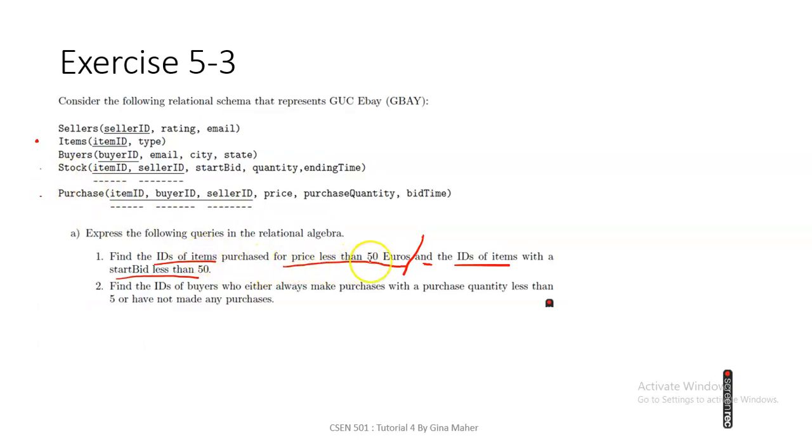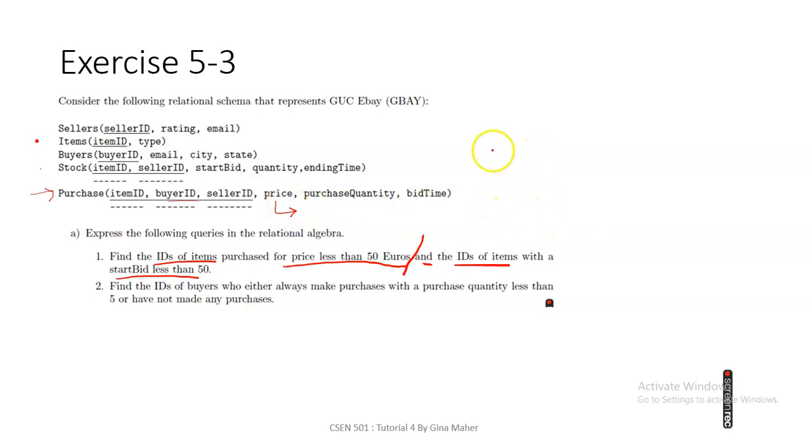For price less than 50 euros, where in these 3 relations do we have price? Actually in purchase. So in this case, we are going to get our information from relation purchase, because it is the one having the price.